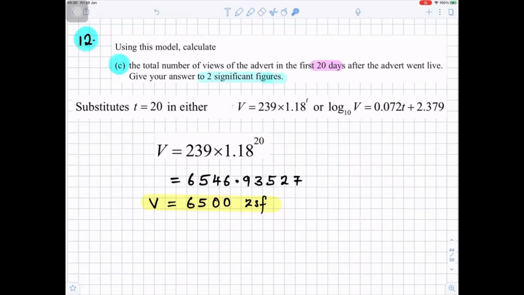If you put that in your calculator, you get 6,546.93527. You want it to 2 significant figures. After the first 2 numbers, you put a line. 4 is smaller than 5, so that will be 0 and 0. So that gives you 6,500 to 2 significant figures.